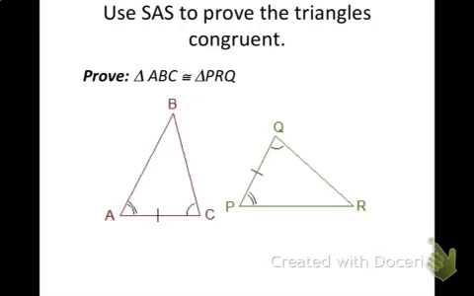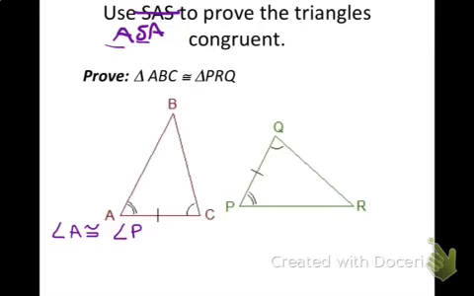So for this next one, we have two triangles, ABC and PRQ. So we know, and I'm sorry, that shouldn't say SAS, that should say ASA, sorry. Okay, so we know that angle A is congruent to angle P. So we got the first angle.